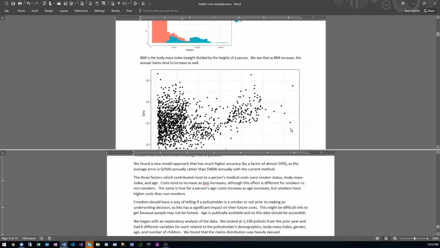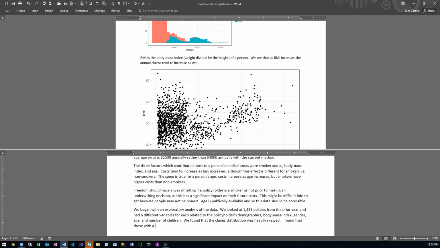Found that those with a higher BMI tend to be more expensive on average for smokers.